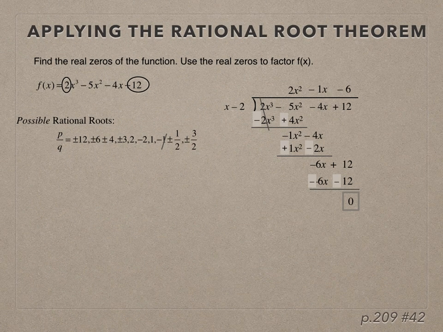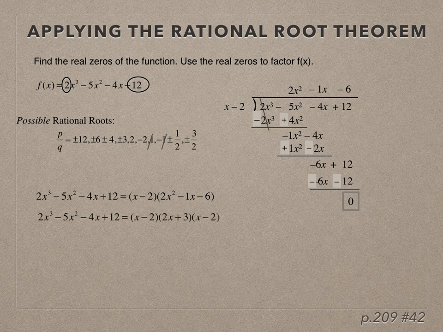So where do I go from here? Well, what I'm going to do is take my original function and factor it into x minus 2 times that resulting quotient. And I'm noticing that quotient is a trinomial, which I know how to factor using reverse FOIL or the box strategy or something like that.